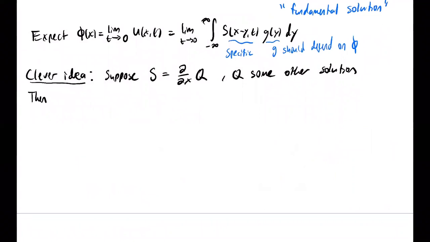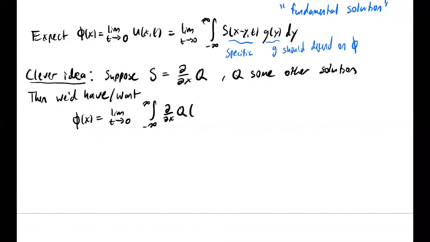And so what does this imply? Why is this a clever idea? Well, we have what we want. Let me not be so conclusive yet. We would have phi of x is the limit as t goes to 0 of the integral from -infinity to infinity of the derivative with respect to x of q of x minus yt, because that's what my function s is, times g of y dy.